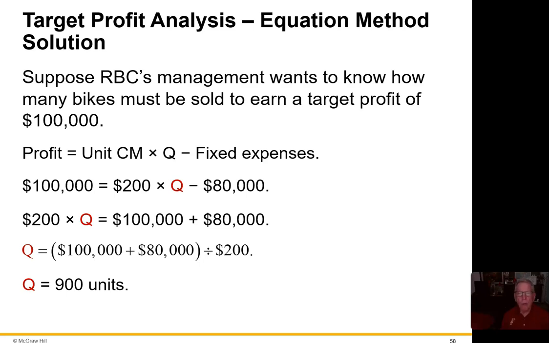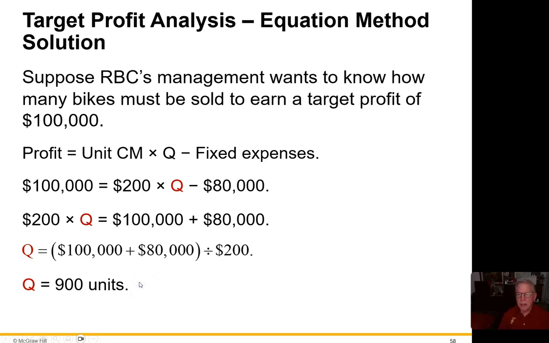So if we work this all the way through the formulas here, you can see that essentially what we've done, the difference between the break-even point in units, which is fixed cost divided by the contribution margin per unit, we simply add the $100,000 of target profit on top of the $80,000 fixed cost and divide that through by the contribution margin per unit.